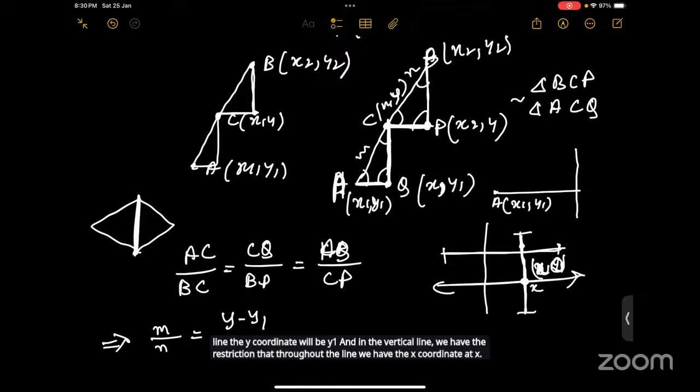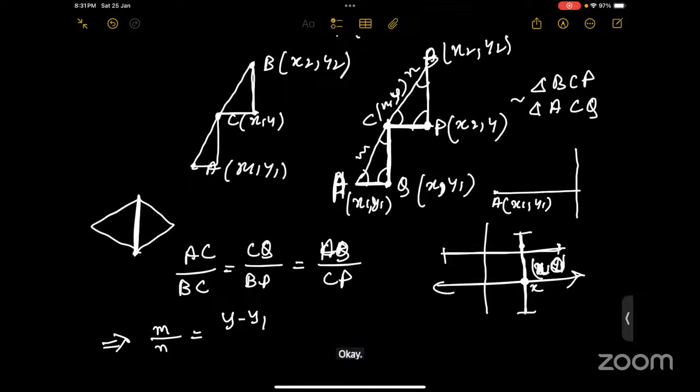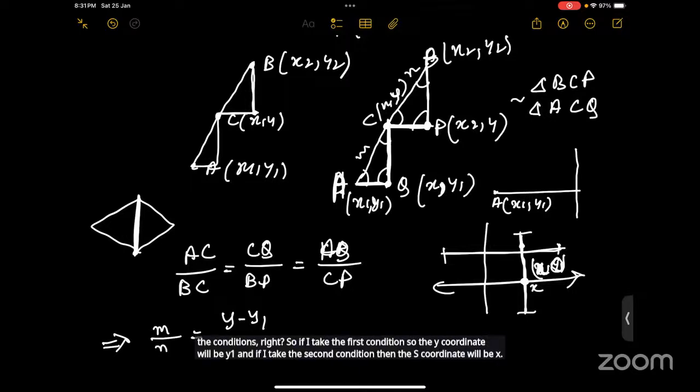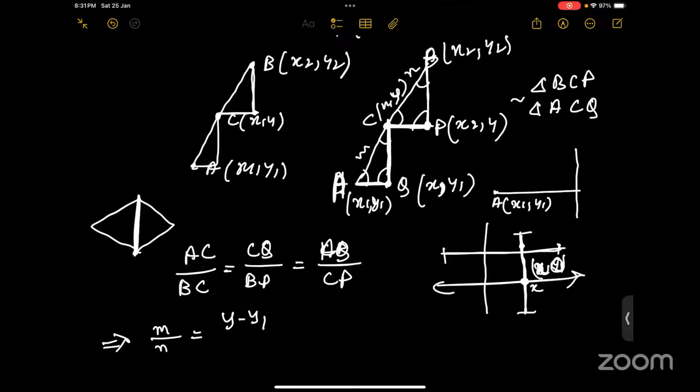And Q is the intersection of these two lines, so Q should satisfy all the conditions. From the first condition, the y coordinate will be y1, and from the second condition, the x coordinate will be x. Clear, right? Yes, ma'am. Okay, correct. Perfect.